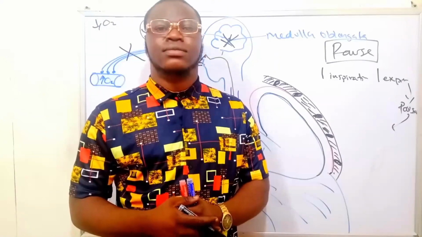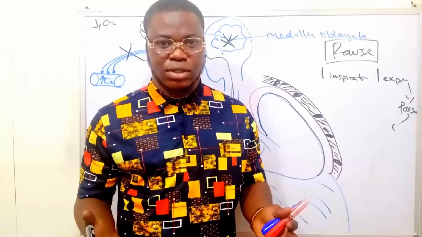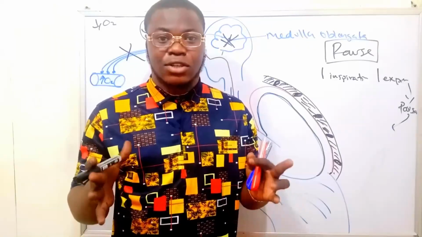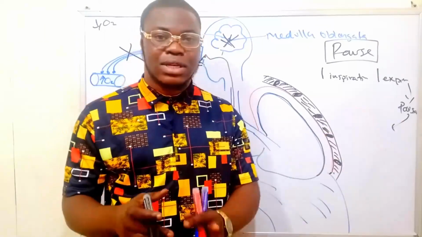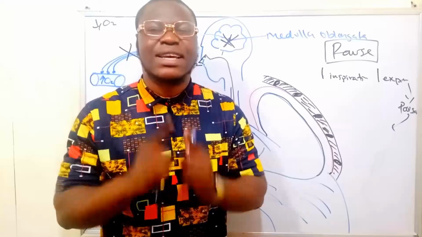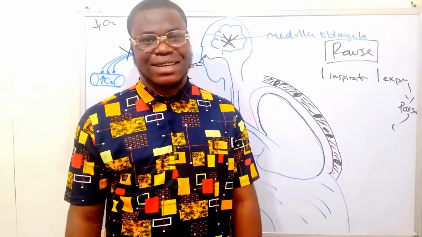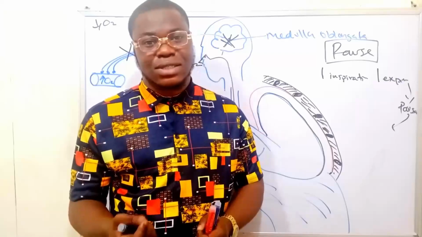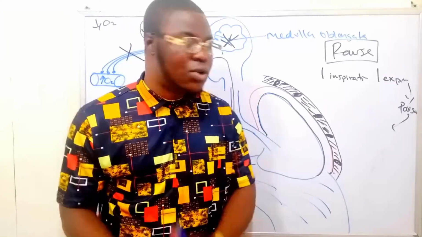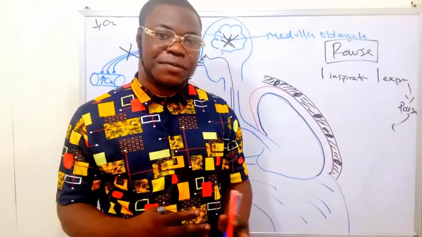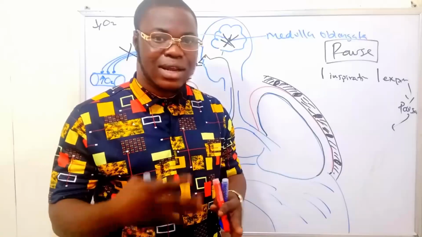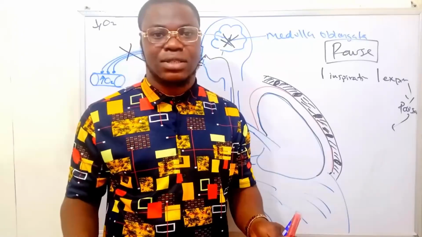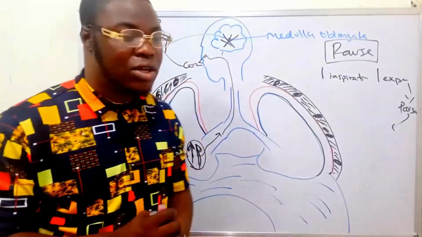Breathe in again, out, then pause. So as simple as that, you can just say the pause is a phase between each cycle of respiration. A cycle is breathing in and out. That's the complete cycle. But you have to rest. So that interval of resting is called the pause. So it is the phase between an expiration and another inspiration. As simple as that.